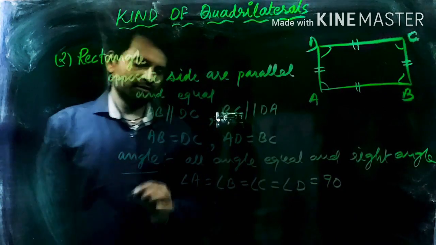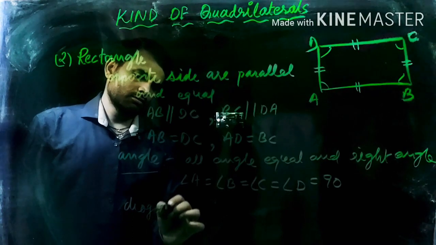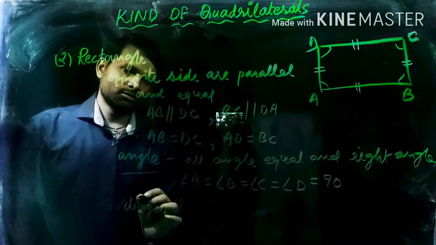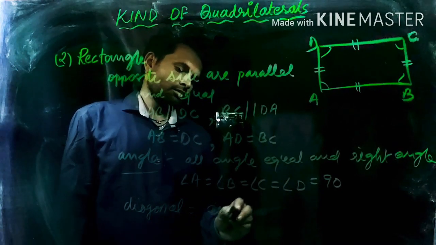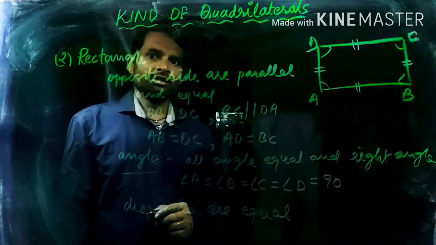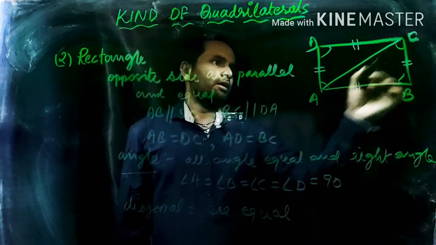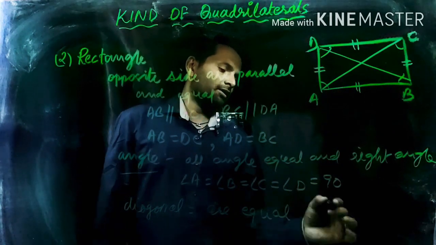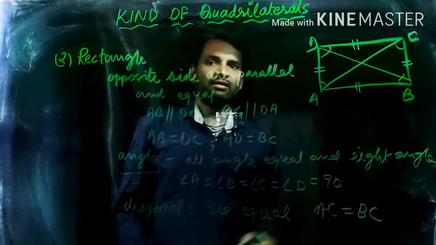And third is diagonals. The diagonals are equal. The diagonals are AC and BD, which means AC equal to BD.